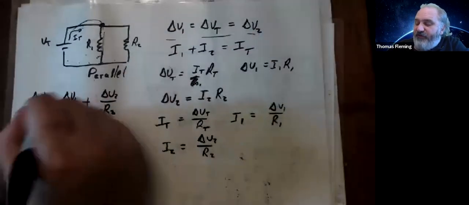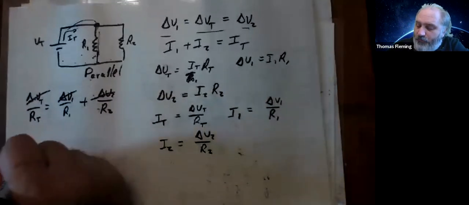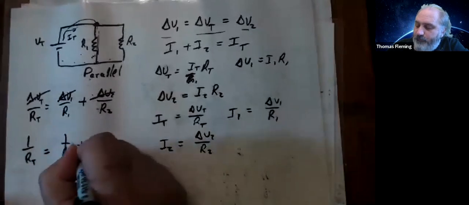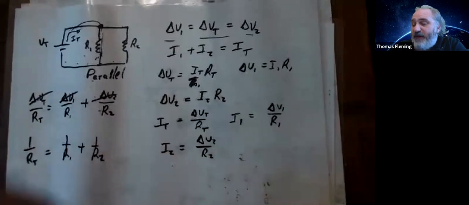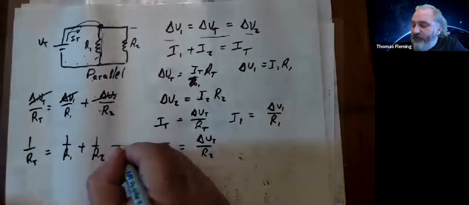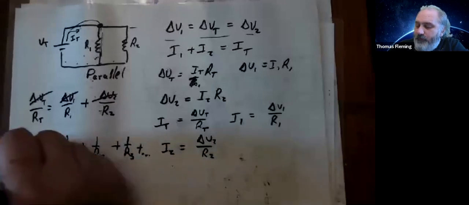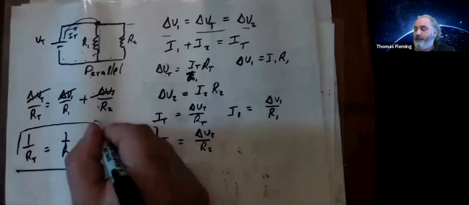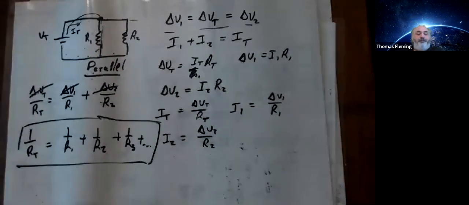And if that's the case, they will all cancel, leaving behind 1 over R total equals 1 over R1 plus 1 over R2. And of course, if I had a third branch with an R3, I could just keep going. So this is my equivalent resistance rule for resistors that are in parallel.